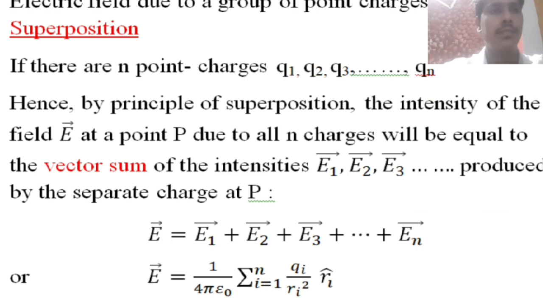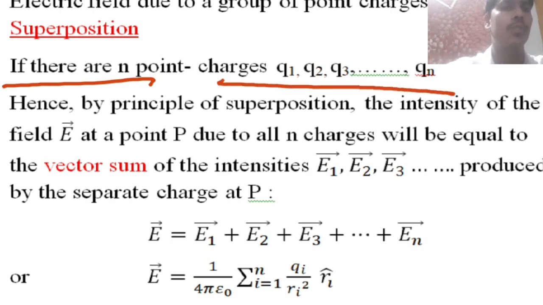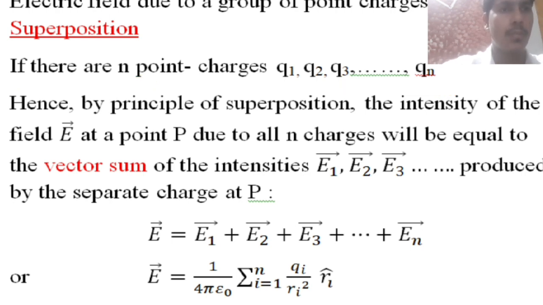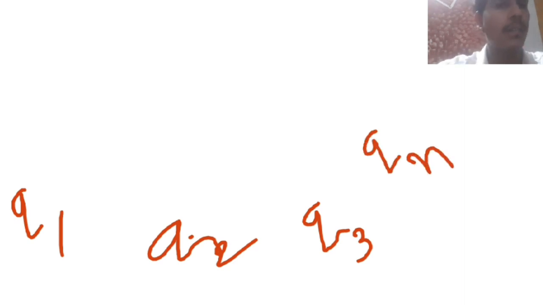So if there are n charges q1, q2, q3, up to qn, lots of charges, suppose you have this q1, another charge q2, a third charge q3, and a last charge qn.